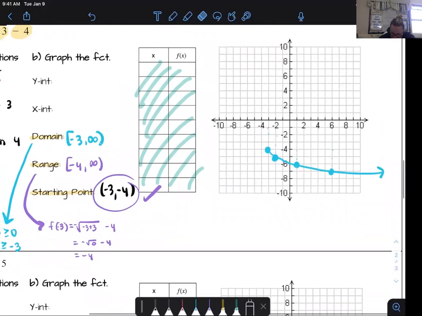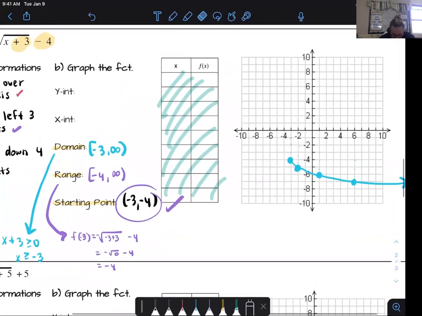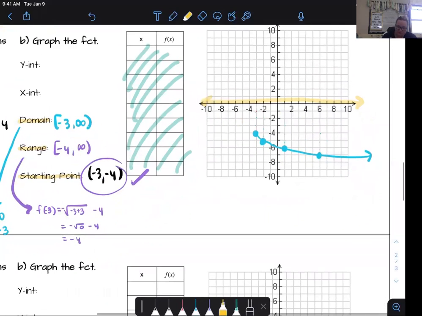Now we need to talk about our y-intercept and our x-intercept. So as you can see, this graph never intersects the x-axis. From our starting point, we're headed off this way in the positive x direction, but our y values keep getting smaller and smaller.